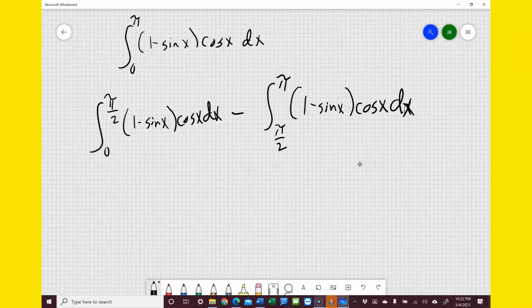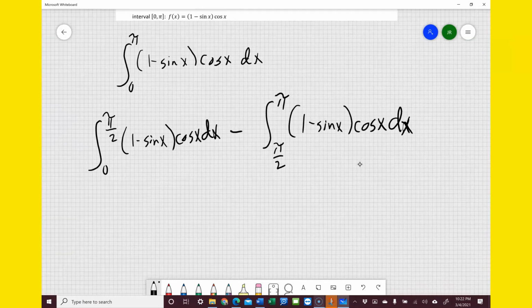Now, to actually do this integral, u substitution would work very well. I think that because if I take the derivative of 1 minus sine x, I'm going to have a cosine x in there somewhere that can cancel out. So I'm going to let u be 1 minus sine x.